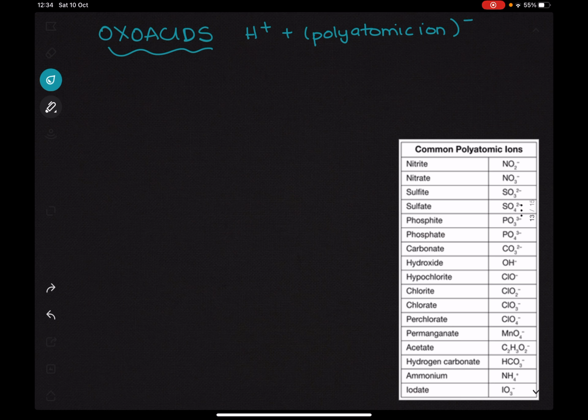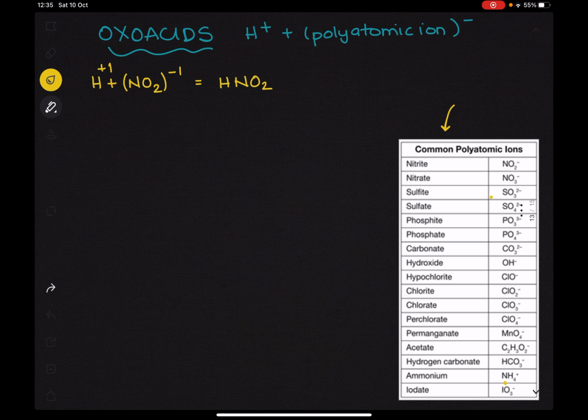Oxoacids, it's a hydrogen again, because it's an acid, and it is a polyatomic ion. And here's a table of common polyatomic ions, and we'll use it to form our compounds. So let's start with the first one. We have a hydrogen, and we have NO2 minus 1. This is a +1. So the formula would just be HNO2, because remember, we crossed the charges.